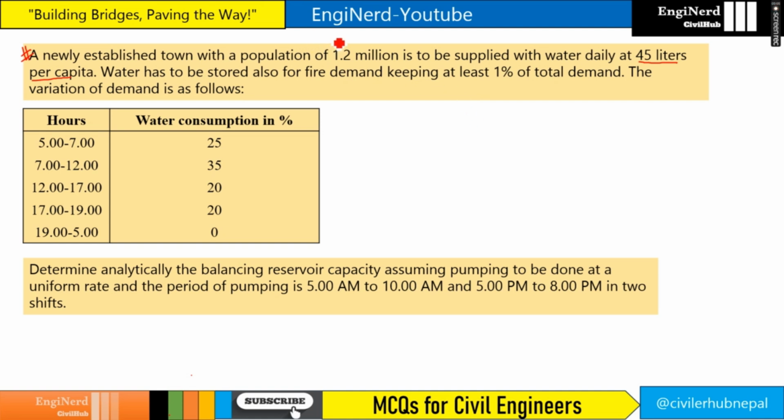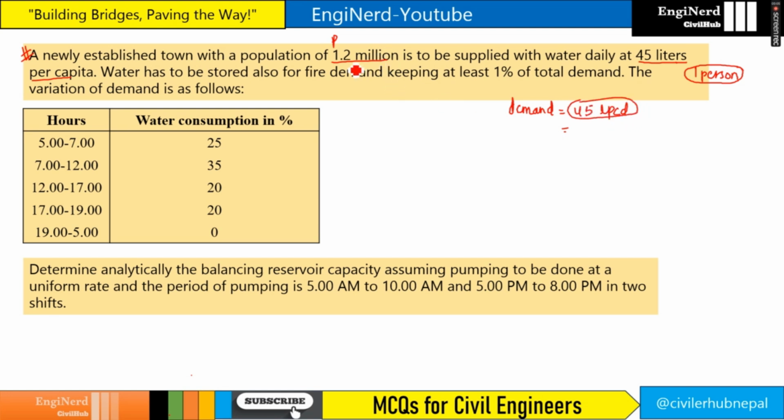Now, if you see here, the population is given as 1.2 million and then demand is as per one person, that is 45 liters for one person, right? The average demand is 45 liters per capita for one person.